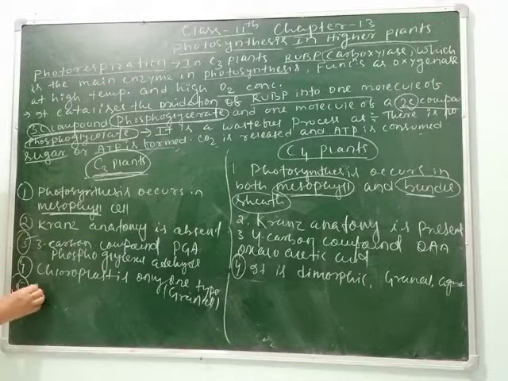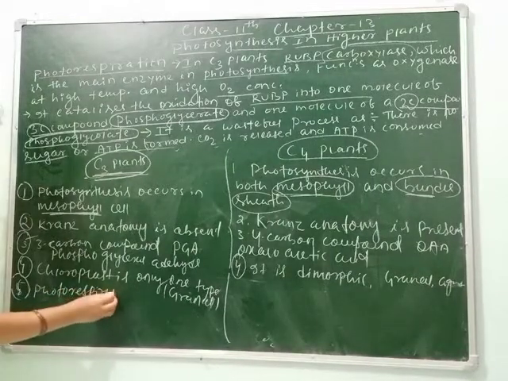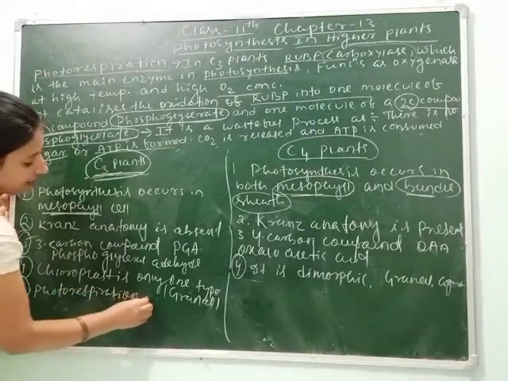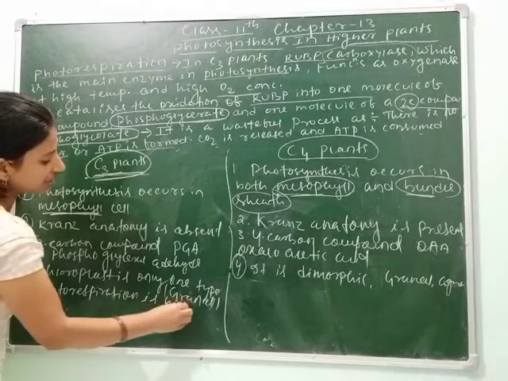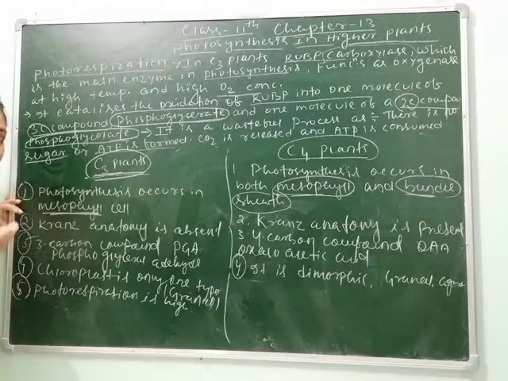So photorespiration loss, respiratory loss, is high. Fifth point we can write: photorespiration is high. It means in C3 plants photorespiration occurs, due to which a high amount of carbon dioxide gets lost.